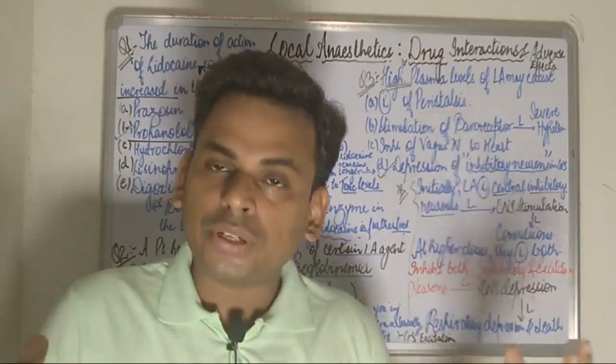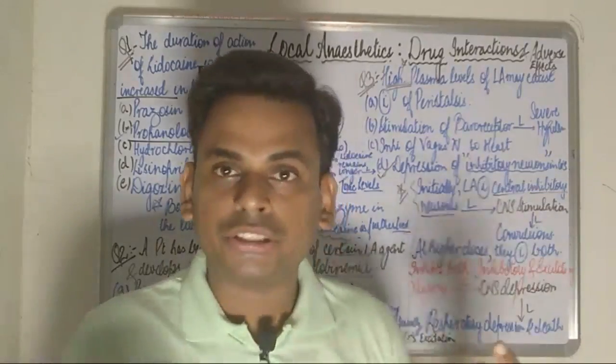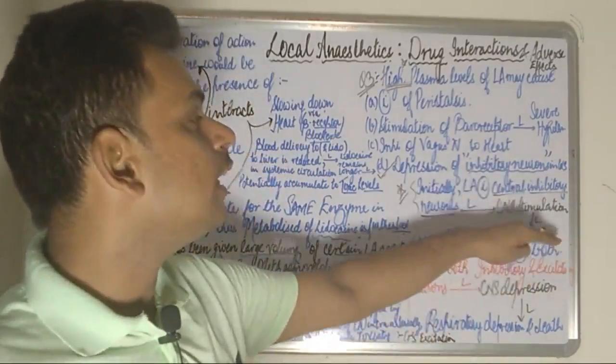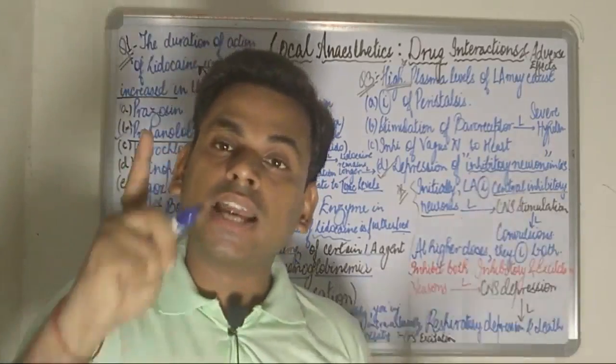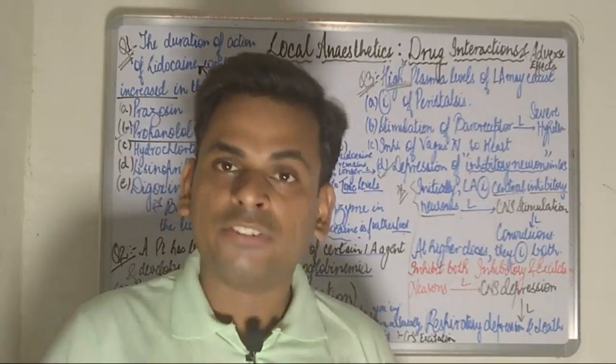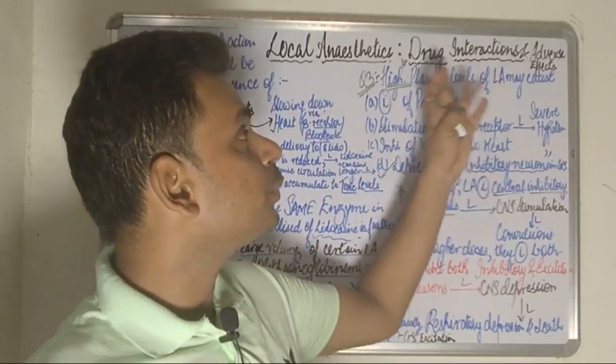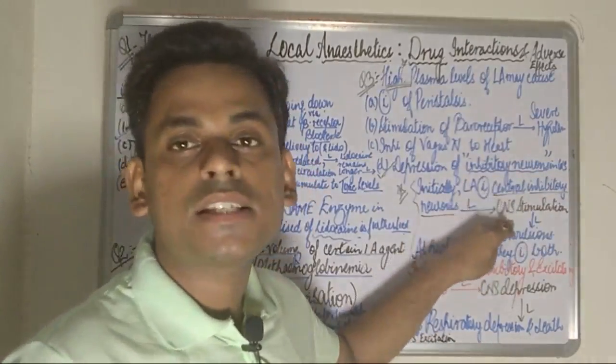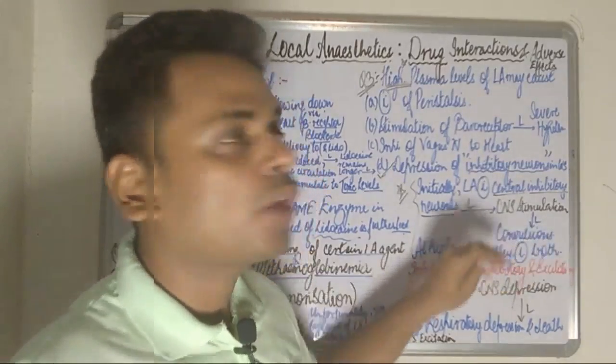And when the central nervous system gets stimulated, that can cause convulsions. So initially, the adverse effect manifested in patients with high plasma levels is CNS stimulation, which can lead to convulsions.